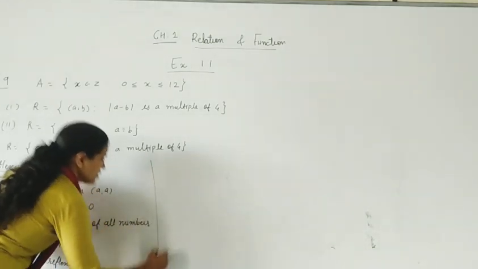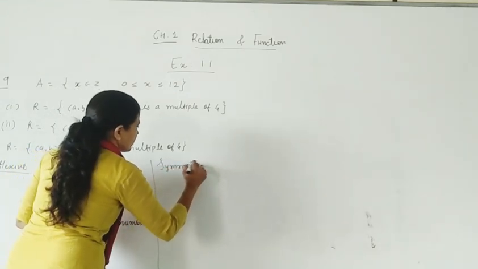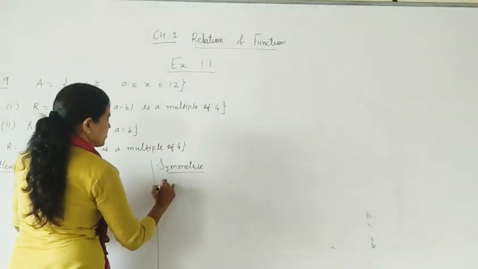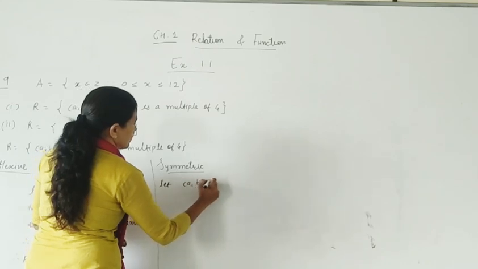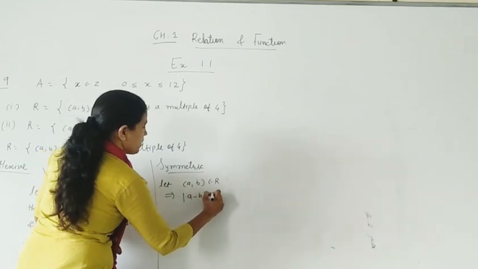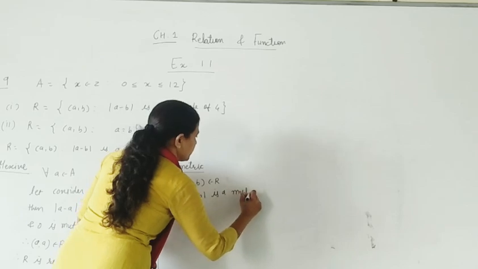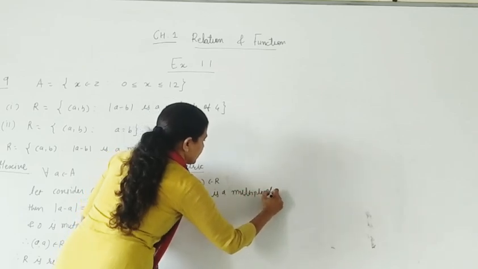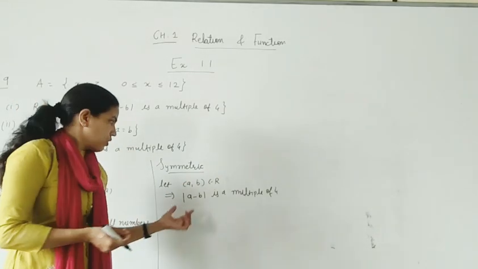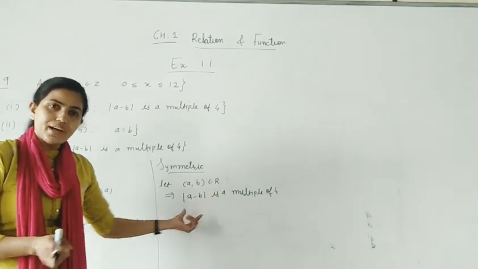Now let me see the second, the symmetric property. Here we have to show that, let (a, b) belong to R. What is the meaning of this? That means the modulus of a minus b is a multiple of 4. Now, if a minus b is a multiple of 4 and we take b minus a, then the number is the same because the modulus is there.